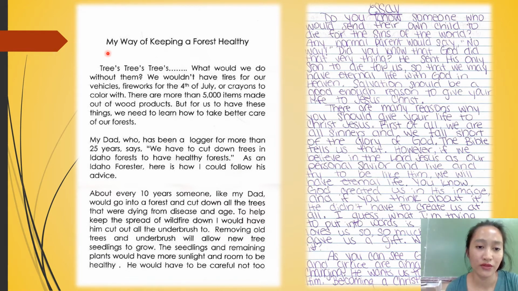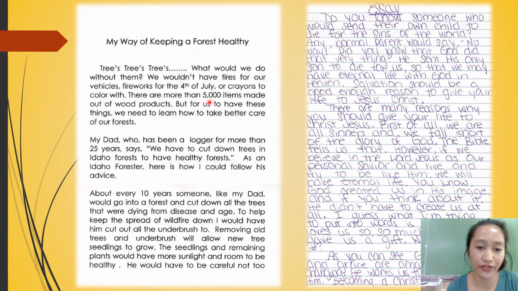Okay, so for your left side, the title of the expository essay is My Way of Keeping a Forest Healthy. Okay, this is the content. Trees, trees, trees. What would we do without them? We wouldn't have tires for our vehicles, fireworks for the 4th of July, or crayons to color with.